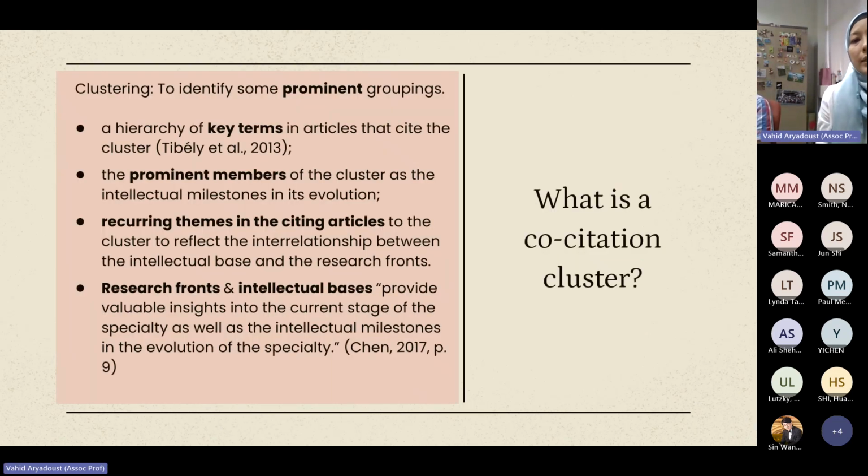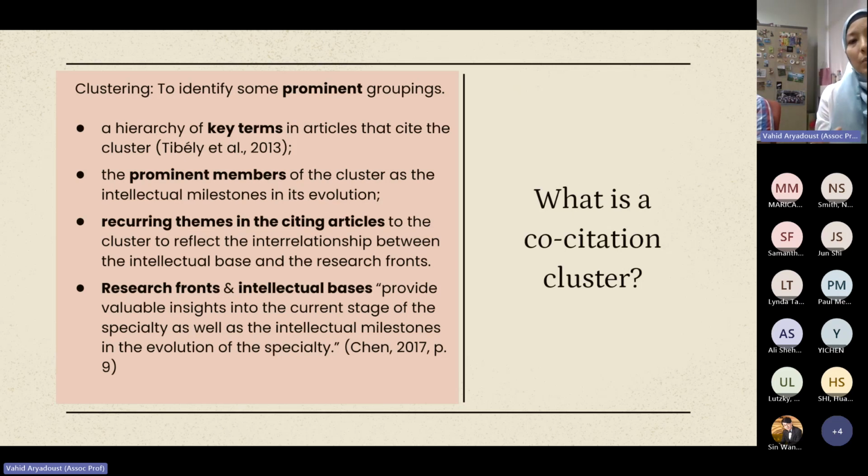So what is a co-citation cluster? Clustering is to identify prominent groupings, and in this case, prominent groupings of publications. And a cluster is based on a hierarchy of key terms in the articles that cite the cluster. And the prominent members of the cluster can be regarded as intellectual milestones in the evolution of the field, while recurring themes in the citing articles reflect the interrelationship between the intellectual base and research fronts.